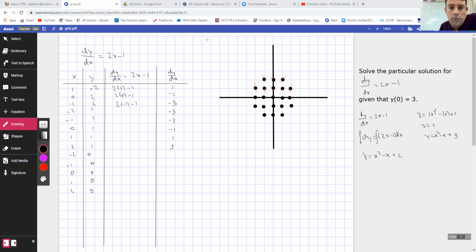So if I were to plug in -2, 0 for my differential equation, again, I'd be at -5, -3, -1, 1, and 3.